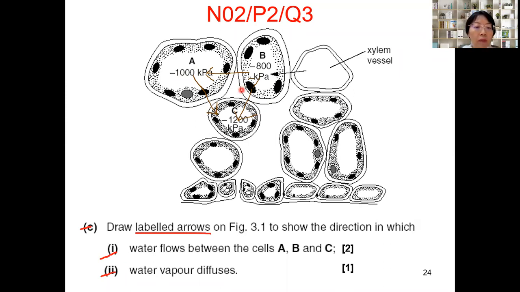So what about water vapor diffusion? Can you show in the diagram the direction in which the water vapor will diffuse? Tan Jia Ying. From the cell membrane. Okay, you need to draw.